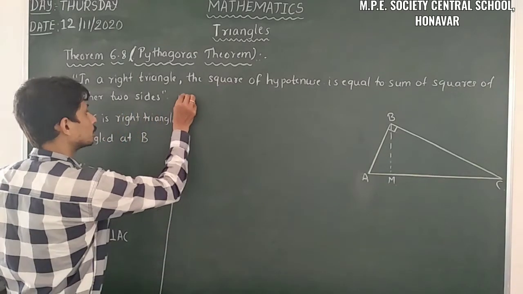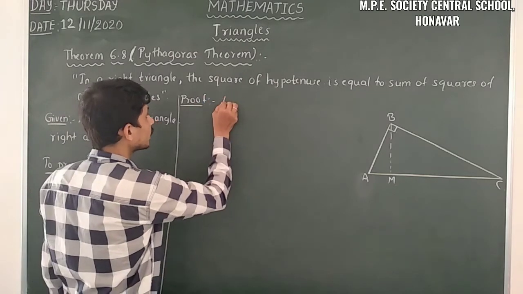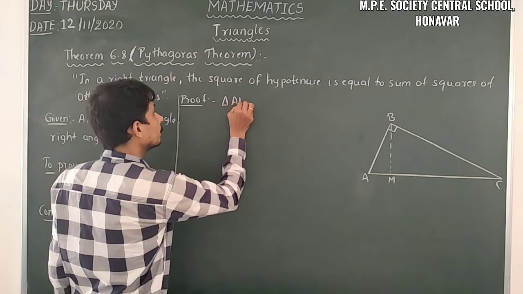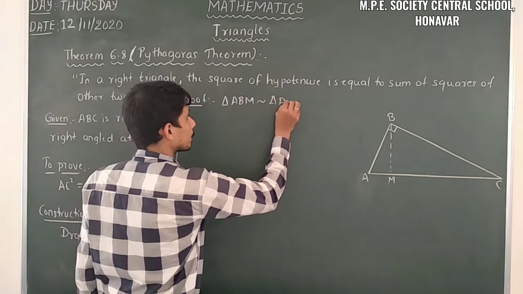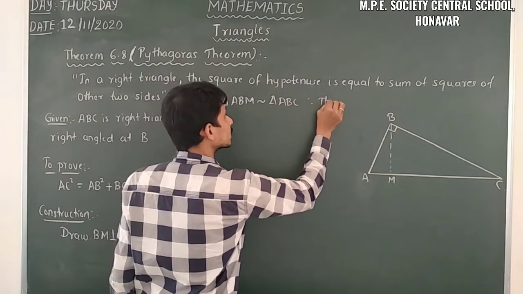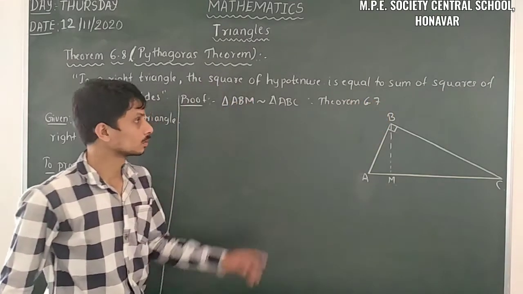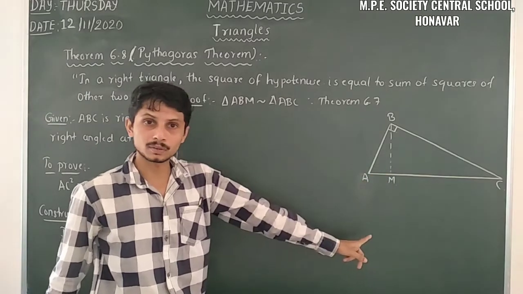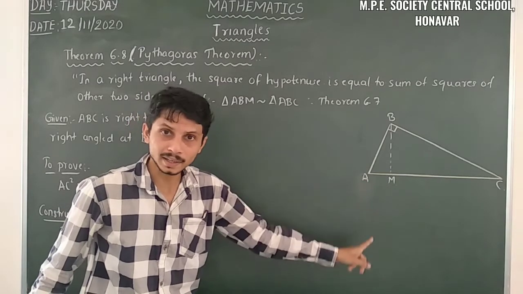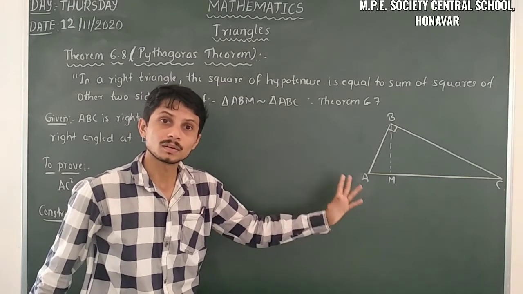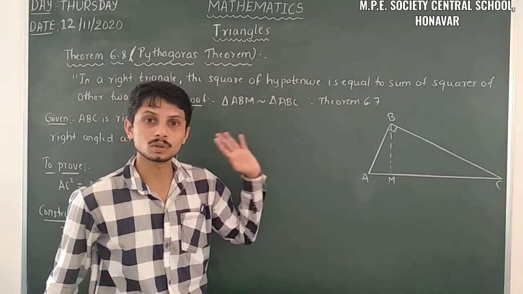So let's take the proof. Triangle ABM is similar to triangle ABC, because of theorem 6.7. From 6.7 we know that when we draw a perpendicular from the vertex of the right angle of a right angle triangle, the triangles formed on both sides of the perpendicular are similar to the whole triangle.